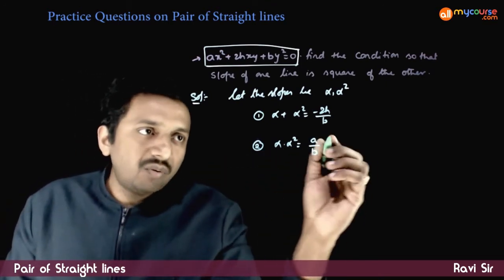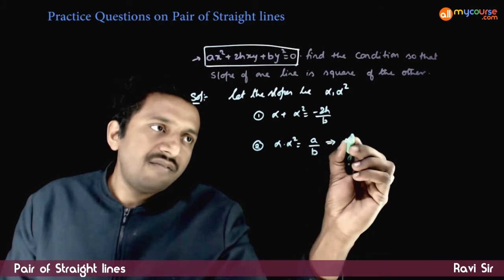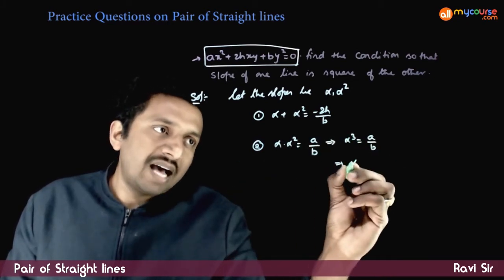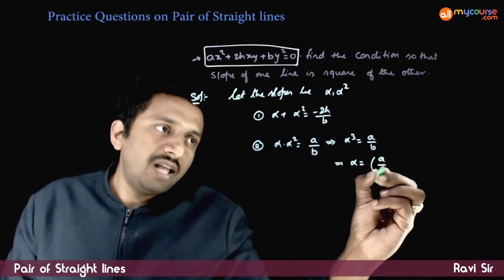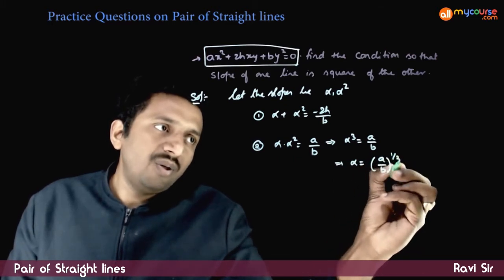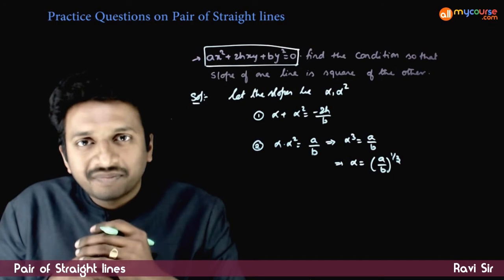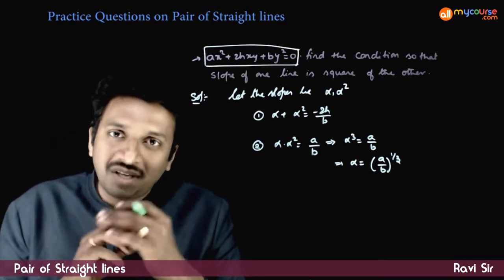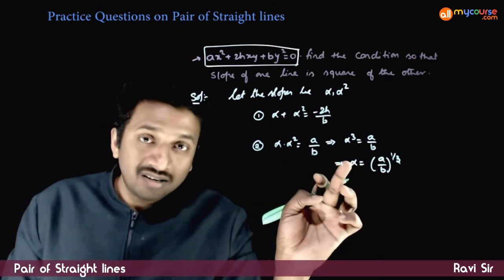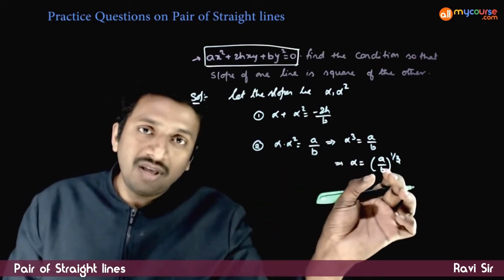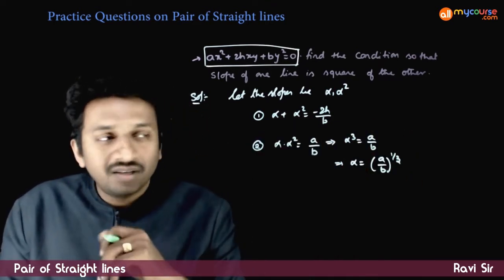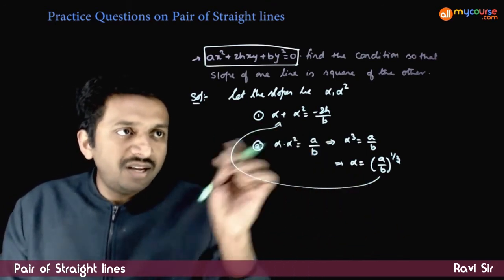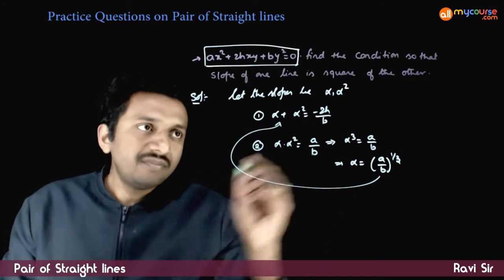So from the second equation, you get alpha cube is equal to a by b. This implies alpha is equal to a by b whole power 1 by 3. Now substitute here.